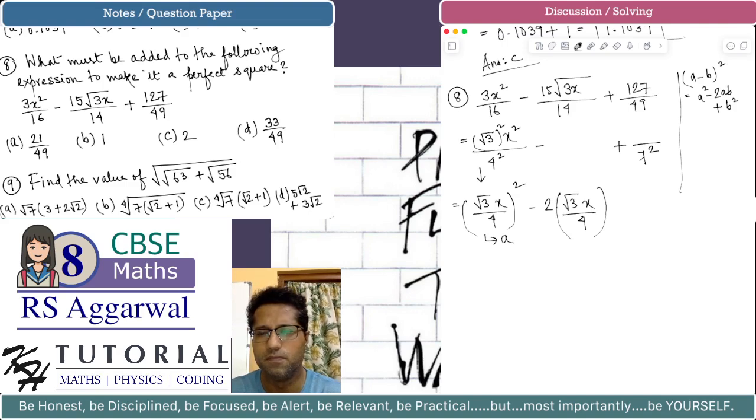Now what can b be? We must have b over here such that this whole thing should be equal to 15 into root 3x by 14.